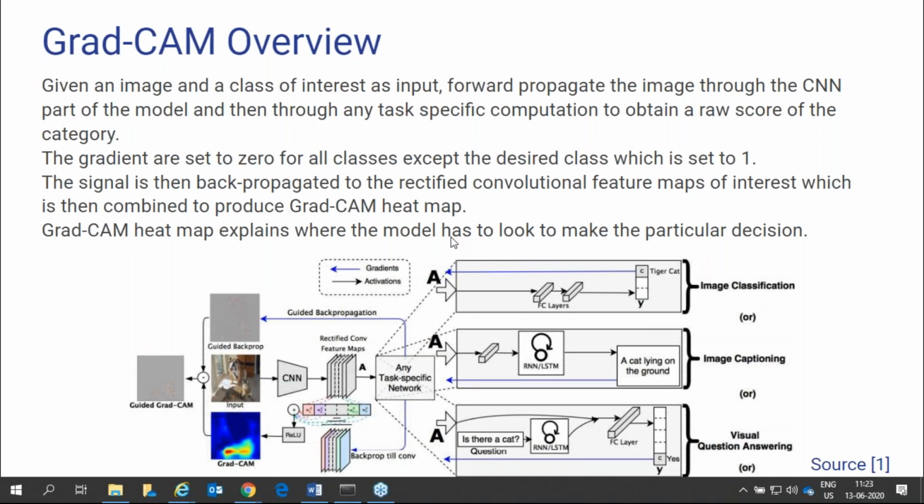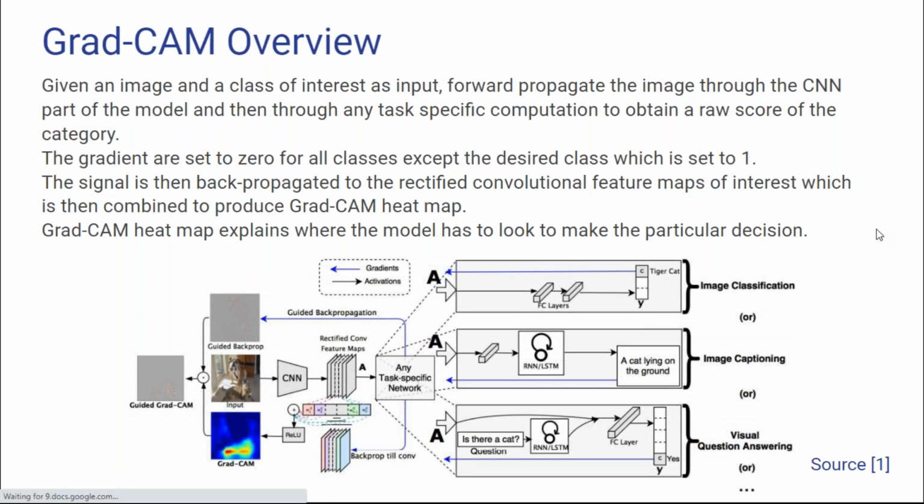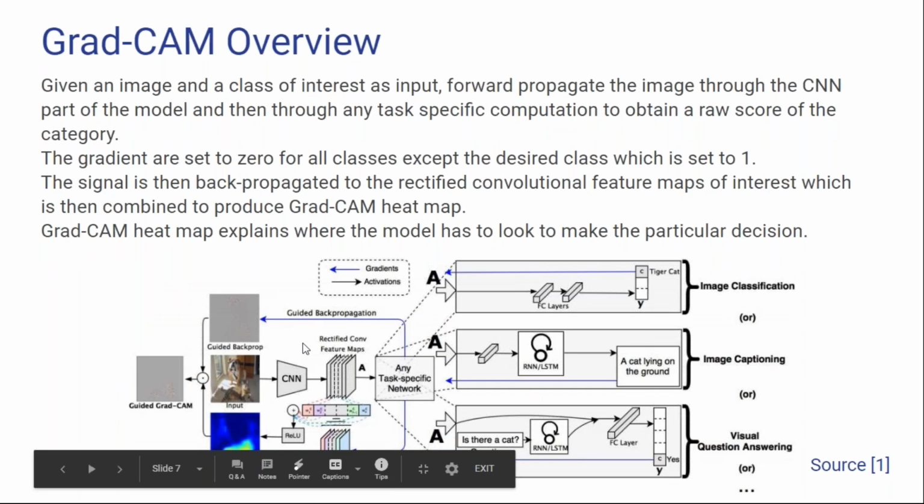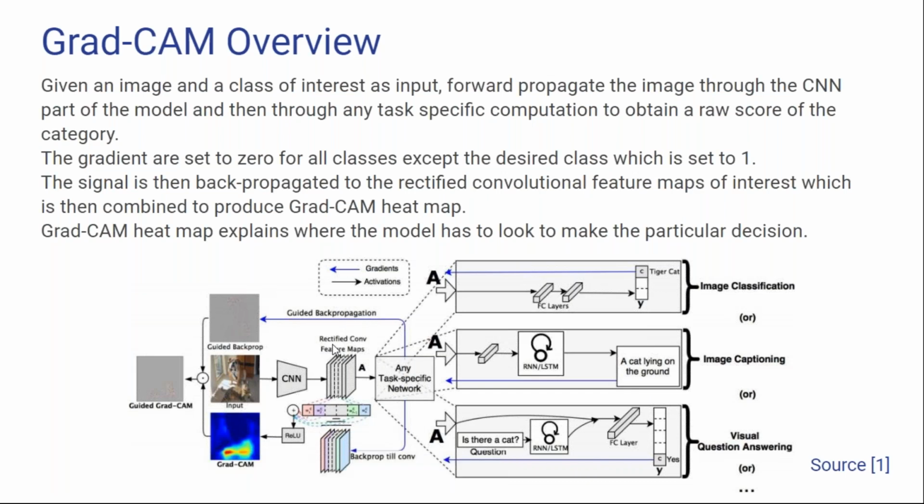I didn't understand the guided backprop and the rectified convolutional feature maps. What is meant by these rectified maps? So rectified is just ReLU, rectified linear unit. That is what is mentioned here. So there is no specific architecture modification.